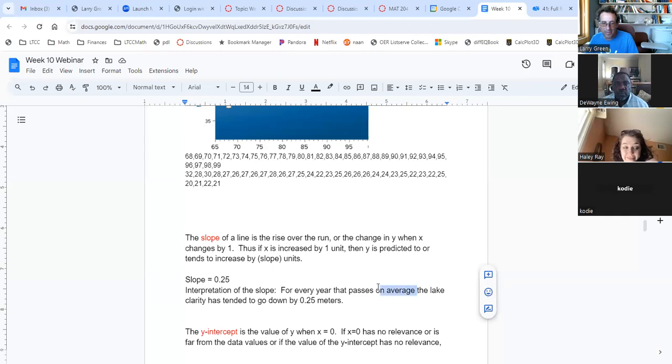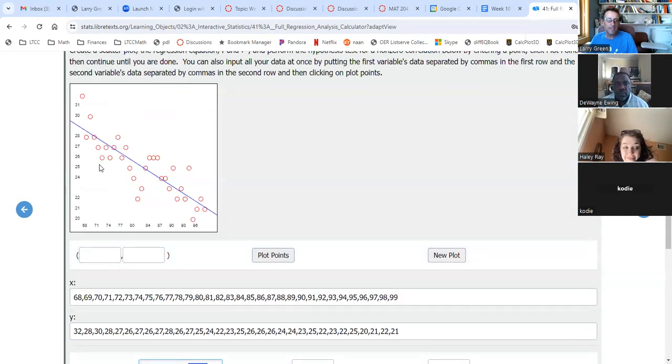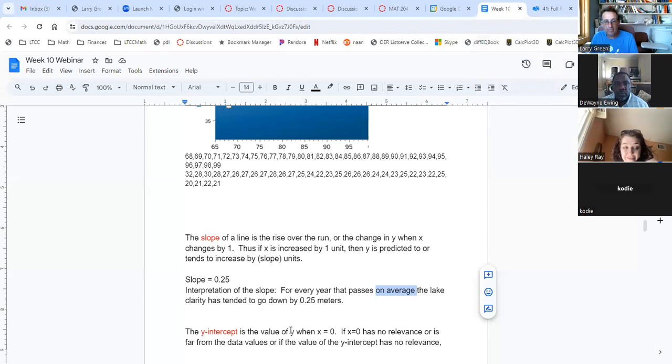Notice this is an average. It does not mean it went down every year, because we can see from the graph that doesn't happen. There's a lot of years where clarity went up, down, up, up, down, down, down. So we can't say that every year the clarity goes down. It's an average change in clarity, or tendency of an average change in clarity for each year. Any questions on the slope?